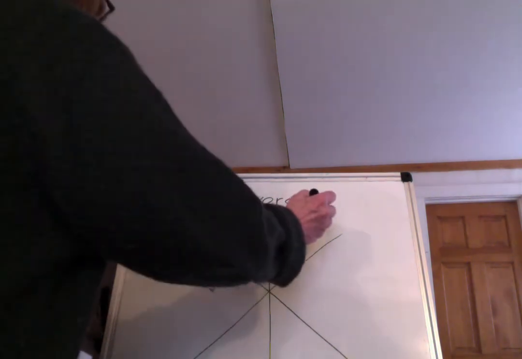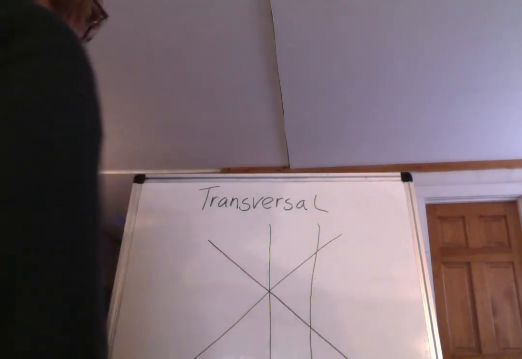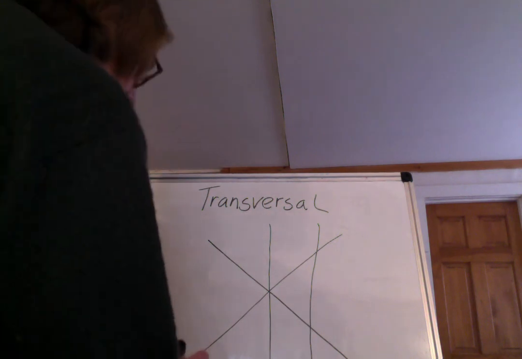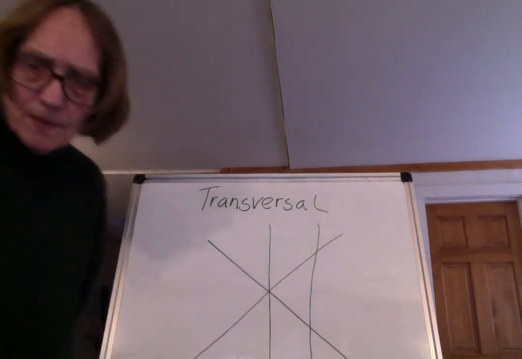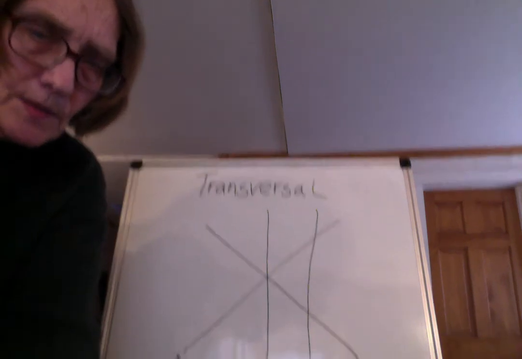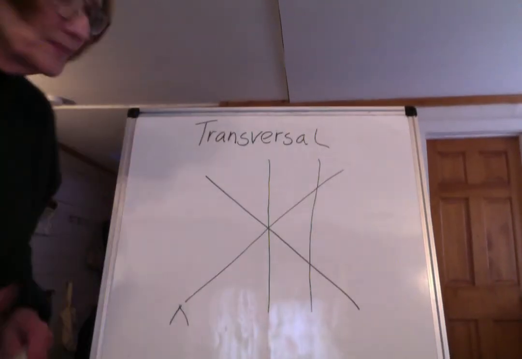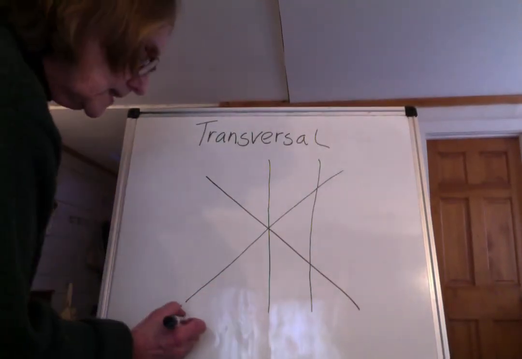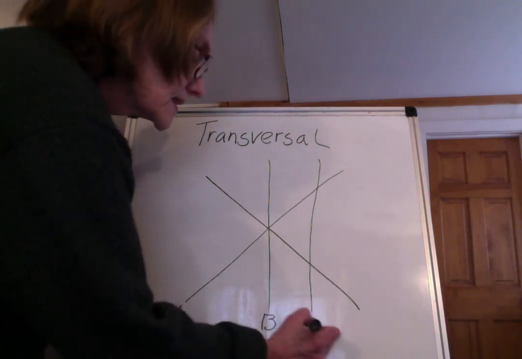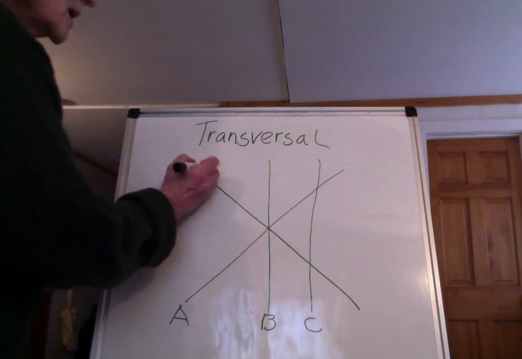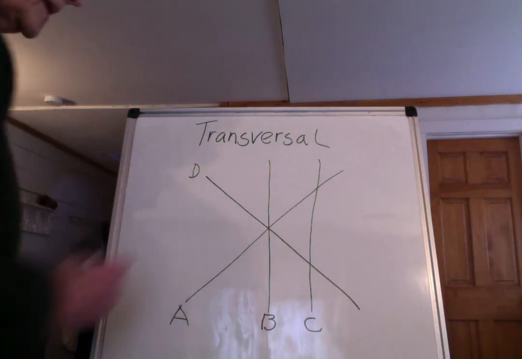And then I have this down right there. All right, let's label them. A, B, C, and D. How's that?